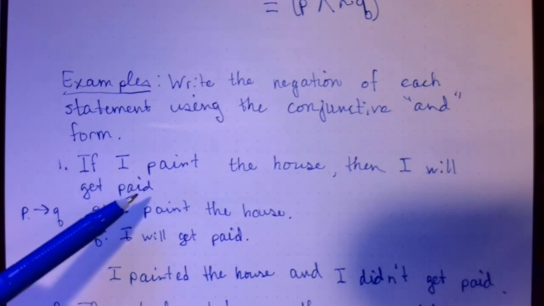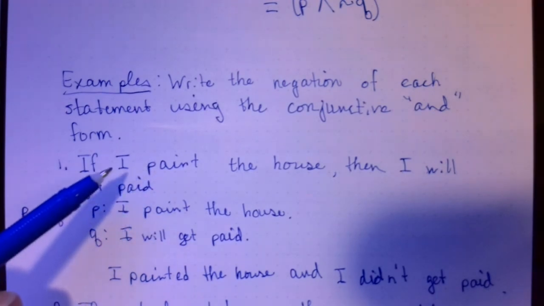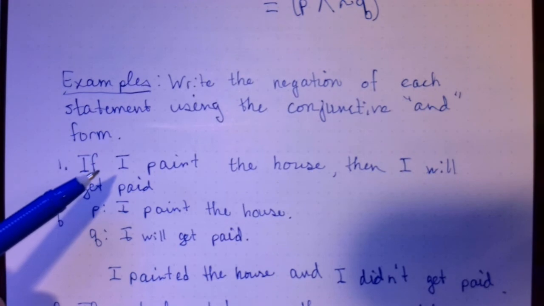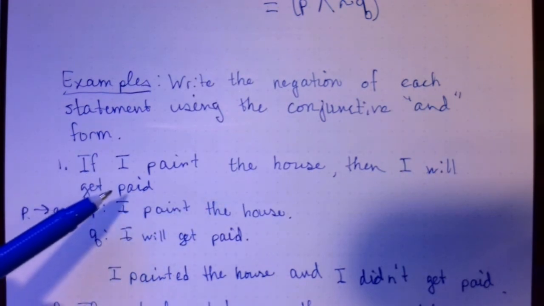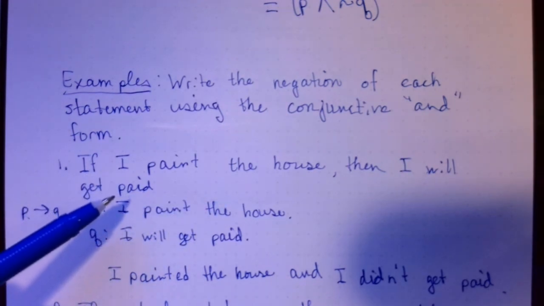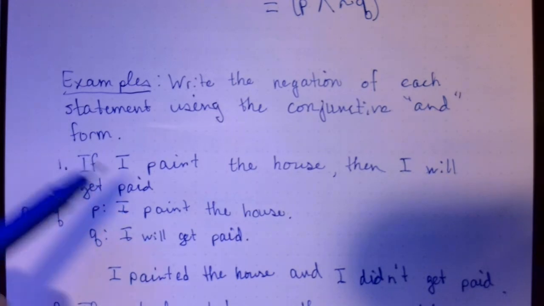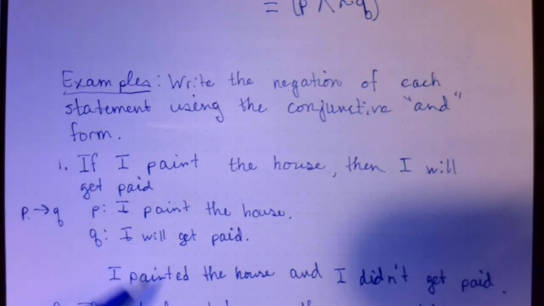In all other cases, this statement would be true. If you paint the house and you get paid, that's a true statement. If you don't paint the house, then it doesn't matter, because the statement doesn't apply, so it's a true statement in that case too. The only way we can say this thing is false is you paint the house and you don't get paid.